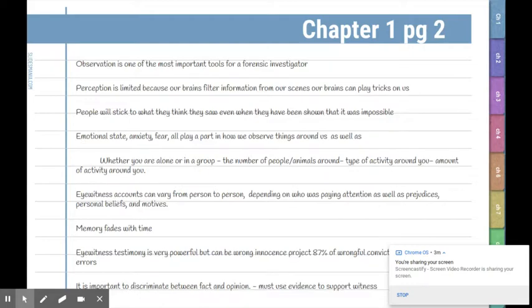Now, when we're in class, there'll be like a lecture time too. So I'd have you read first and take notes from the book. And that is to get these ideas in your head, start you thinking about it, get the vocabulary down. And then when we start discussing it in class, in the normal classroom setting, if you had any questions, like if you were like, I'm not sure about this emotional state stuff it said, you put a question mark here, you ask me that question in class, then you can add to your notes, of course.